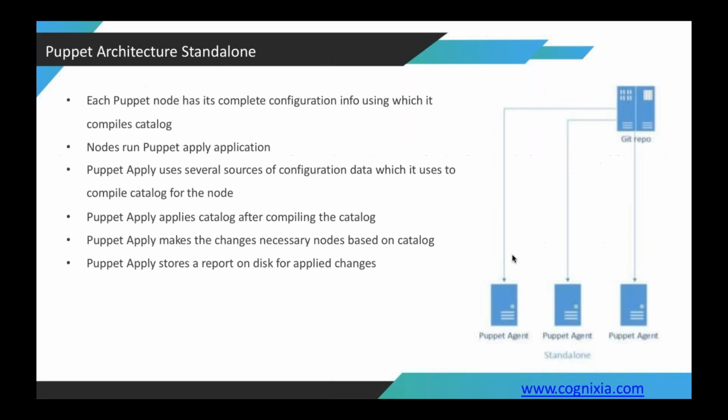All right, here is an architecture for a standalone Puppet server. A standalone Puppet server is one where all the Puppet agents are connecting to one Puppet master only and getting all the information.